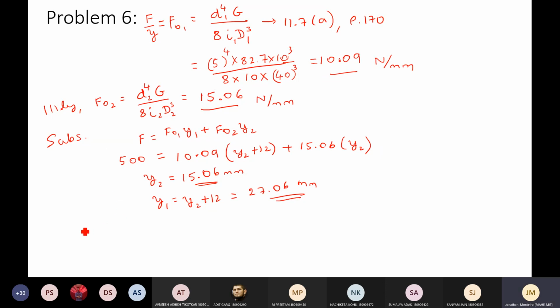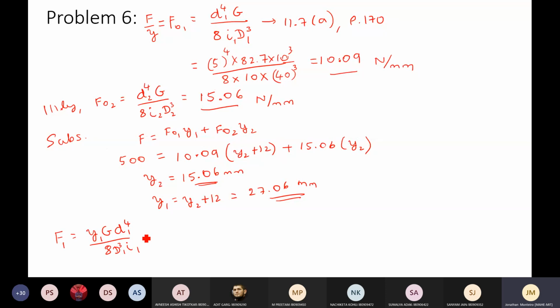Now, F value for the individual spring. Be careful here, individual spring. We have this deflection formula, Y is equal to 8 F D cubed N by G d to the power 4. What I have done is, from that, F by Y is equal to F naught; I have taken Y to the other side. Since at first both were unknown, now only one is unknown, the F. So if I write it for the first one, it will be F1 equals F naught 1 into Y1.